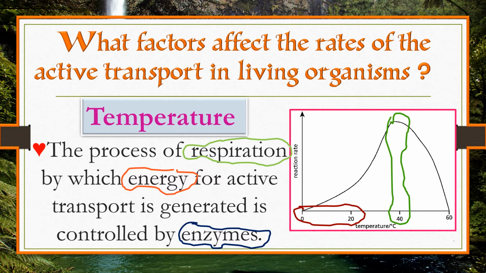But if again we increase the temperature and it goes beyond the optimum temperature, 40 and above, then the enzymes' rate of reaction is going to reduce, meaning that the enzymes are being denatured. So they are going to be affected.